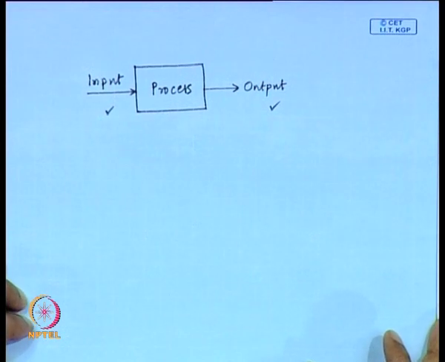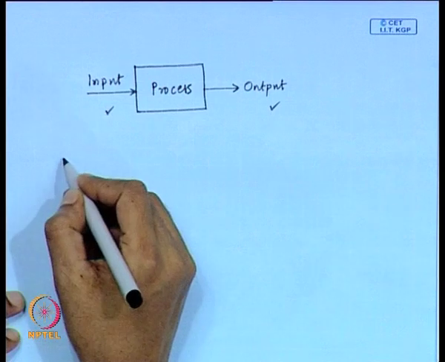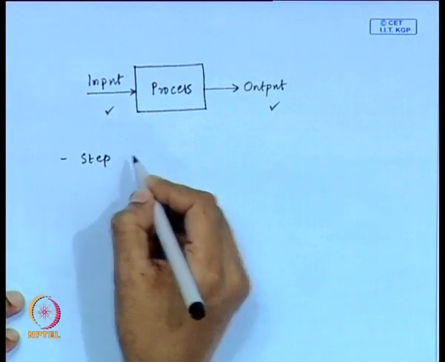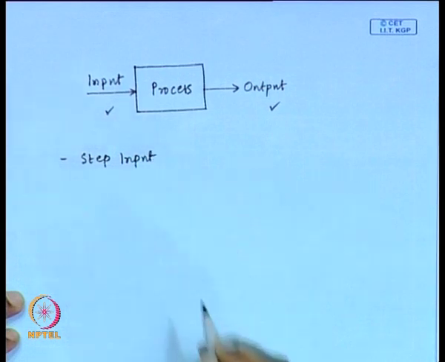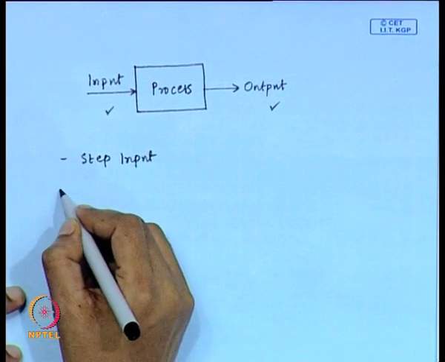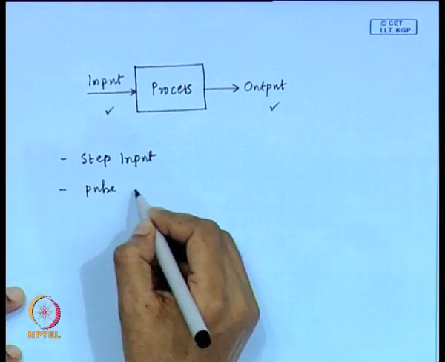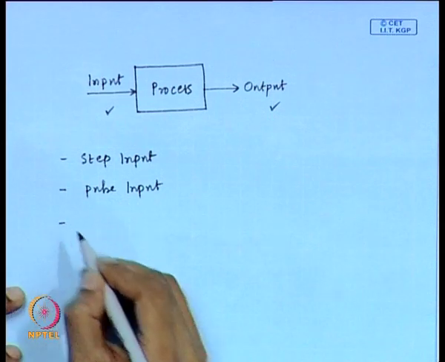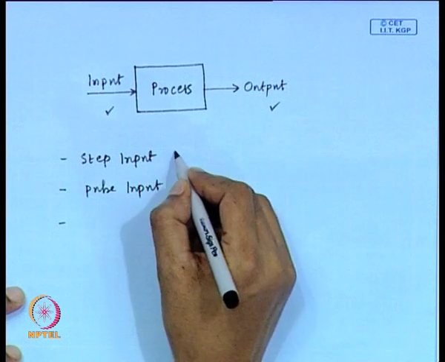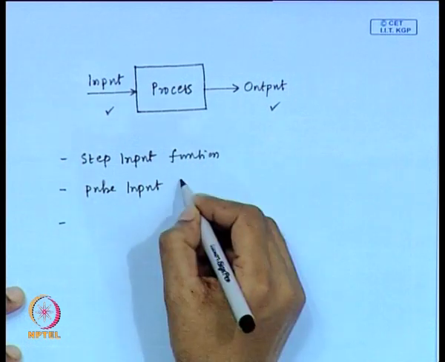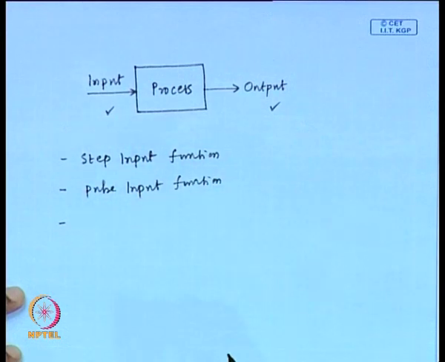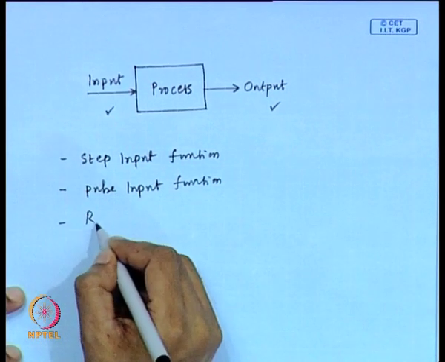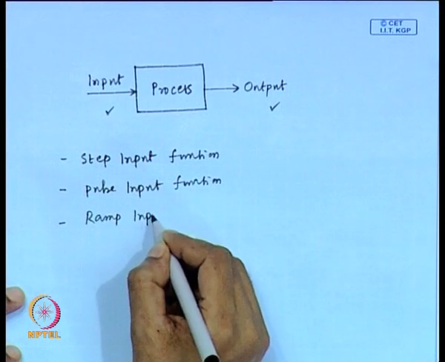There are different input variables, like the step input function, the pulse input function, then the ramp input function.